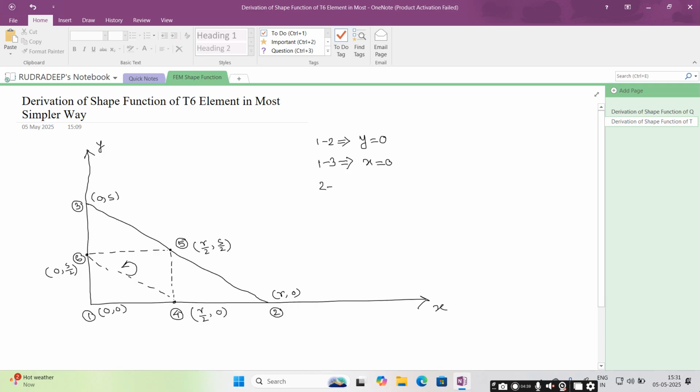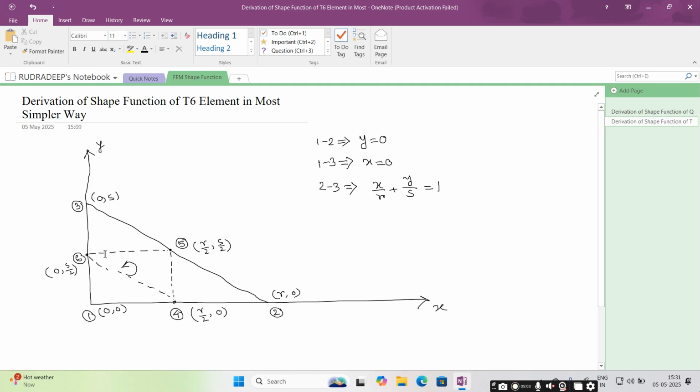For the line 2 3, as the x intersection point is r comma 0 and the y intersection point is 0 comma s, the equation of this line will be x by r plus y by s is equal to 1.